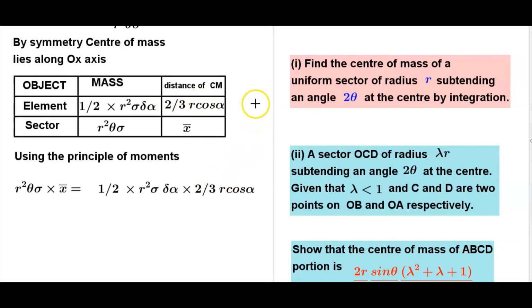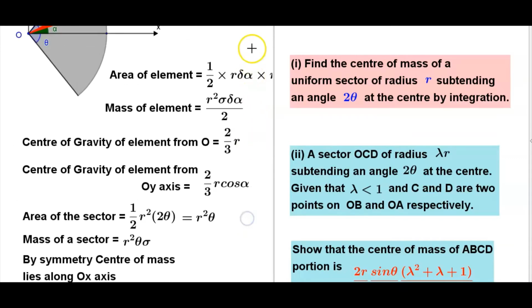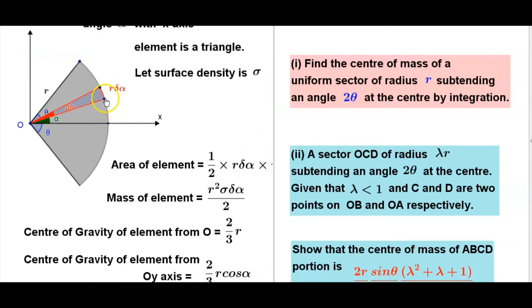We can create so many elements, not only this element. When this angle alpha changes, we can create so many small elements.